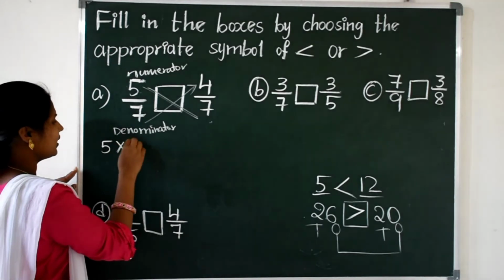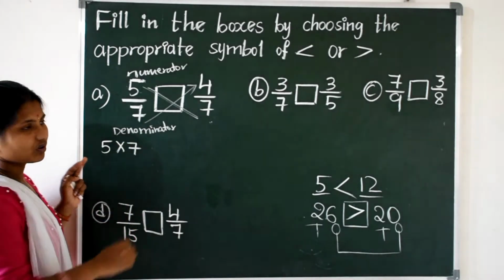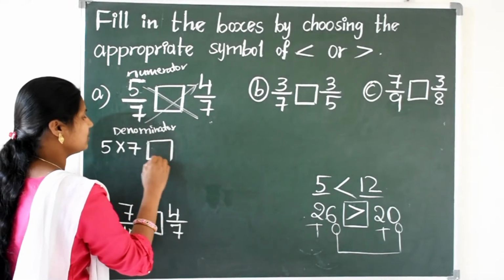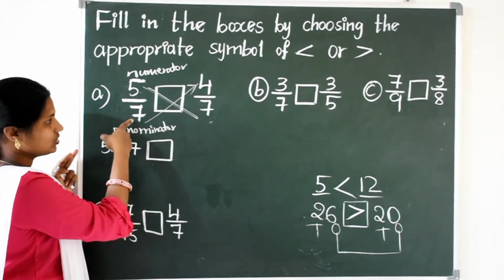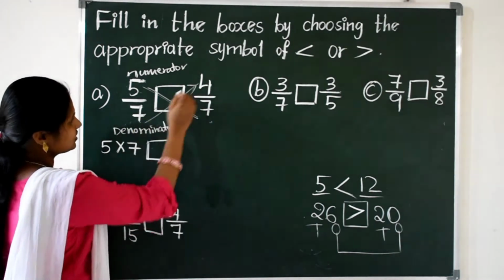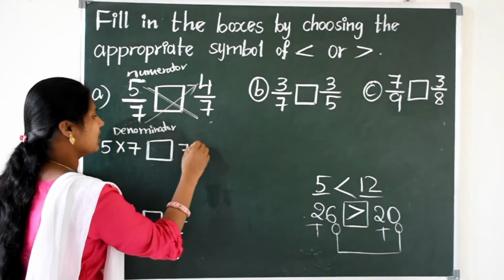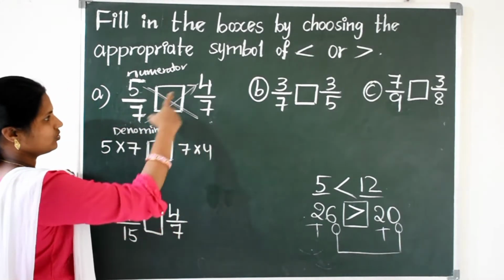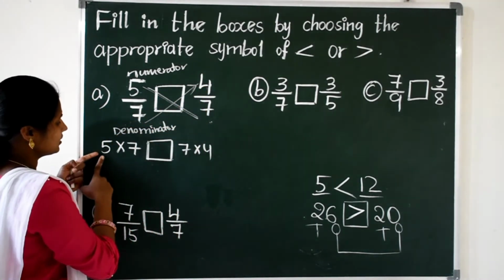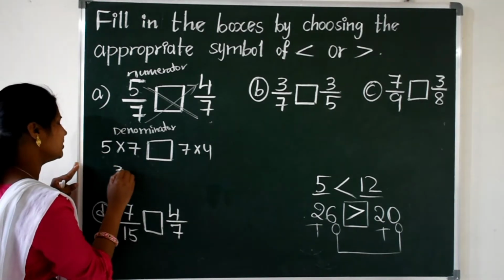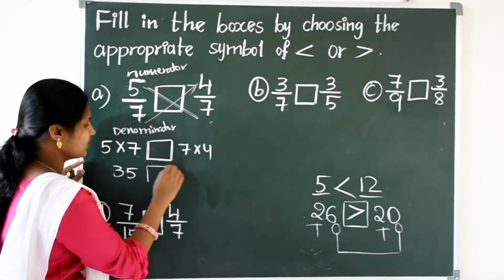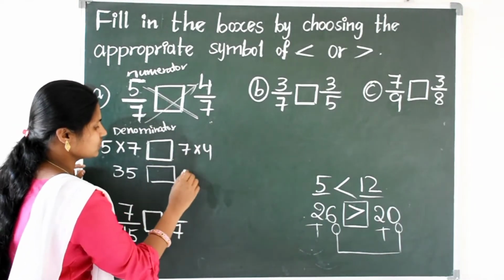Again here multiply first denominator with second numerator. 7 into 4 or 4 into 7. Now see, 5 sevens how much? 35. Right? 7 fours how much?